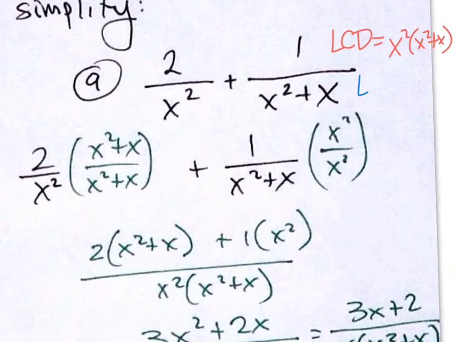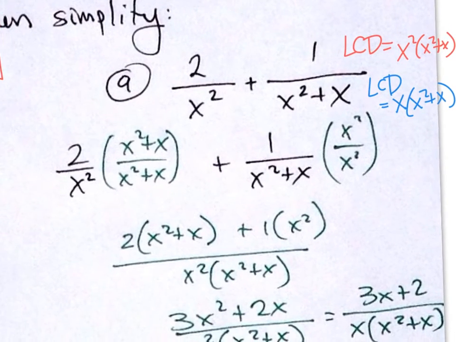If you want to solve this on your own, we could say that the least common denominator is x times x squared plus x. But it won't make it that much easier.